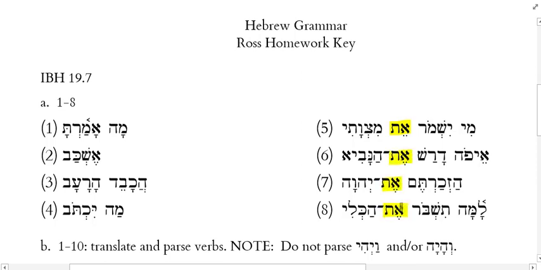Now, there we are. Remember, there's 2 ways to write it, either with the sere and no makef, or with the segol and the makef. Because of adding the makef, we lose the stress. It becomes closed and unaccented. So, why is there an et in front of mitzvati?